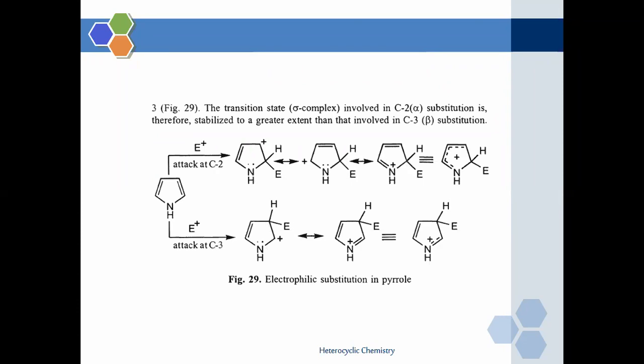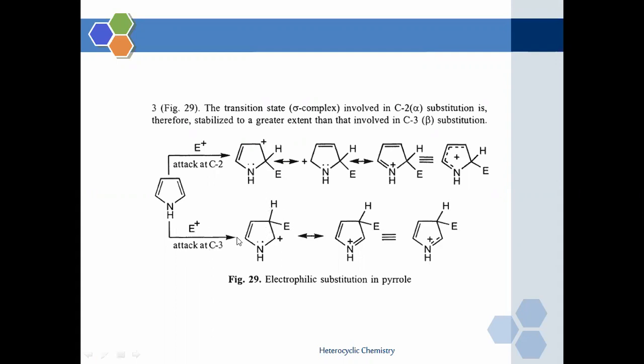ज्या ज्या वेळी पायरॉलच्या कुठल्याही रिएक्शन्स येतील, that time keep in mind that the second position is more favorable towards any type of reaction. So keep this in mind. ज्या ज्या वेळी easy reactions विचारले जातील, or when they ask any substitution reaction, डोळे झाकून you can put the substitution at second position rather than the third position.